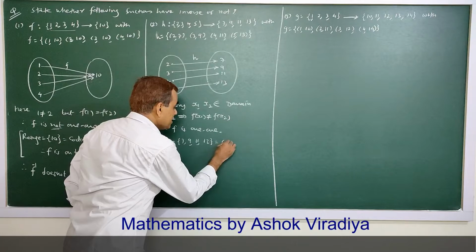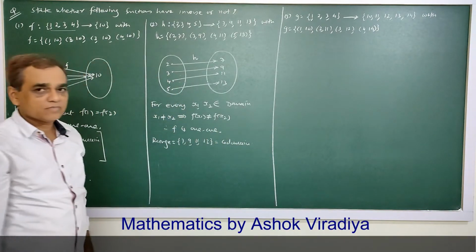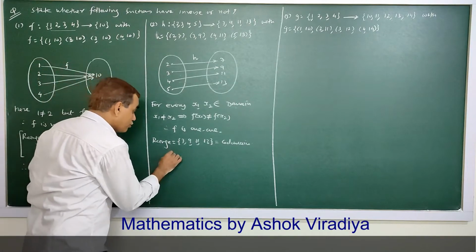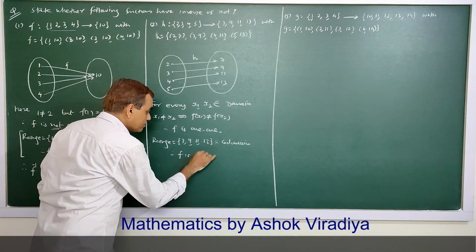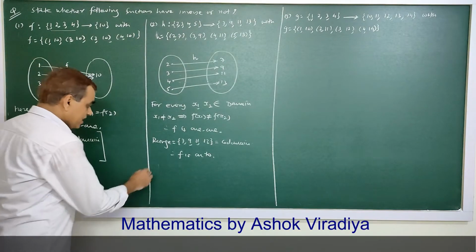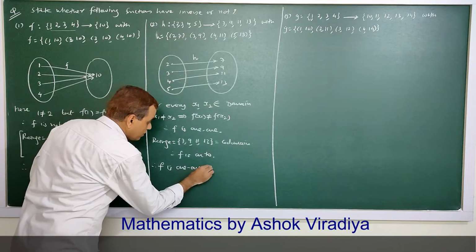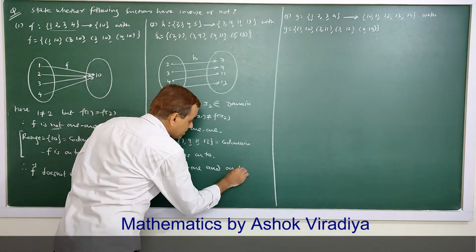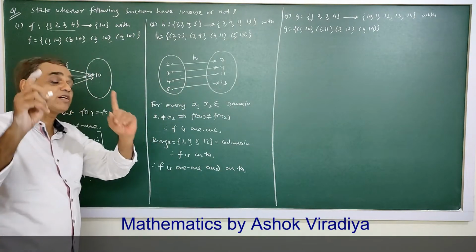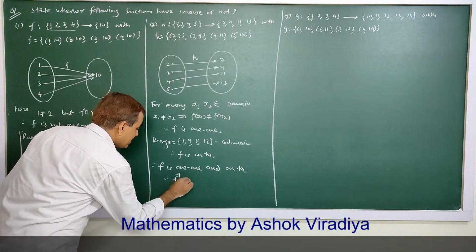So range is equal to codomain. Therefore the function is onto. So this function is 1-1 and onto both. And if a function is 1-1 and onto both, then its inverse exists.